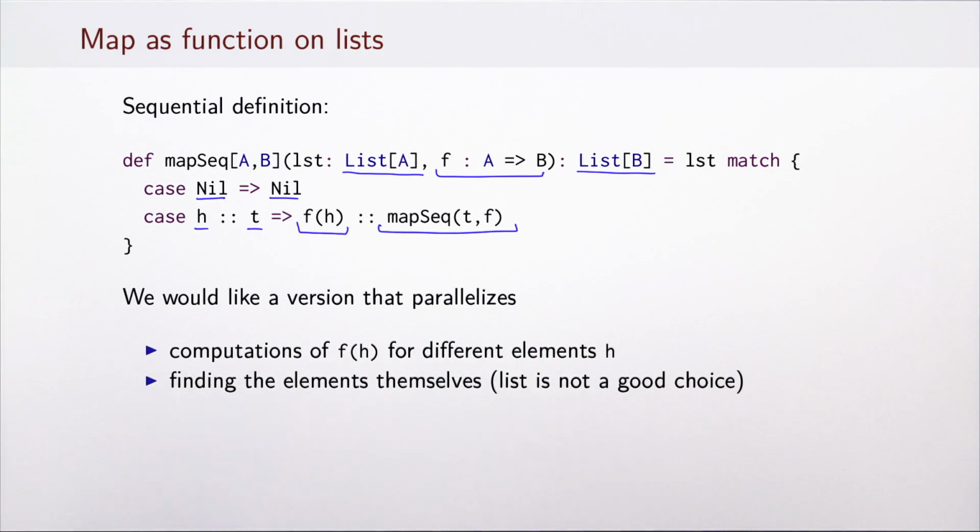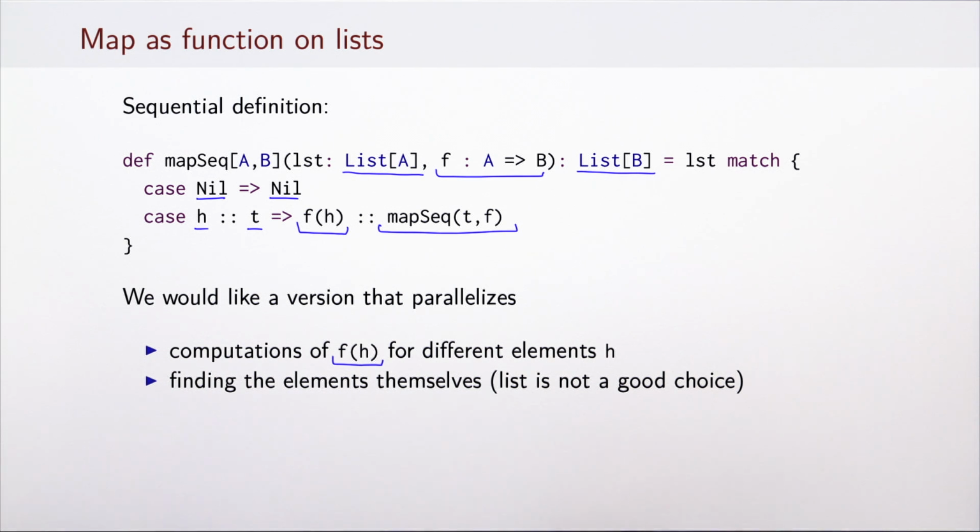Now we would like to have parallel versions of such a map operation. That means that we would like to perform computations of f applied to different list elements in parallel, and we would also like to parallelize the transformation of the list itself.